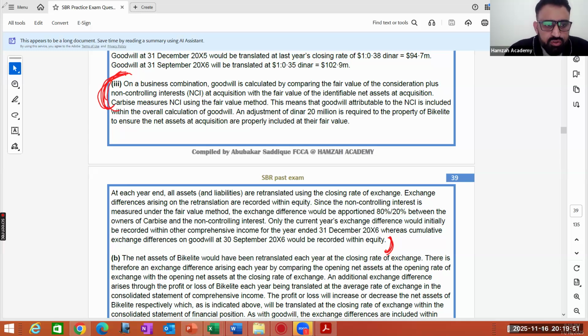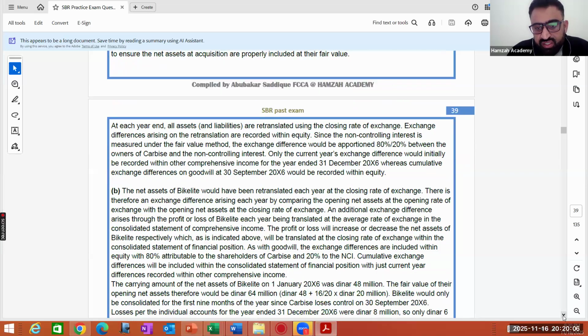So there will be exchange differences because goodwill is translated using the closing rate, assets and liabilities are translated using the closing rate, and profit and loss items are translated using the average rate.